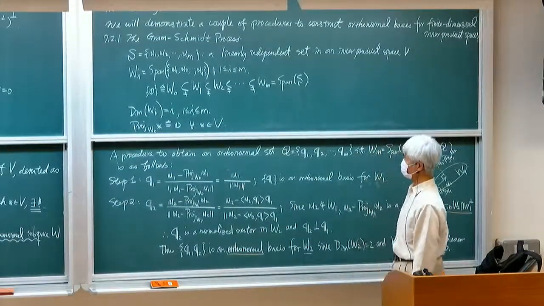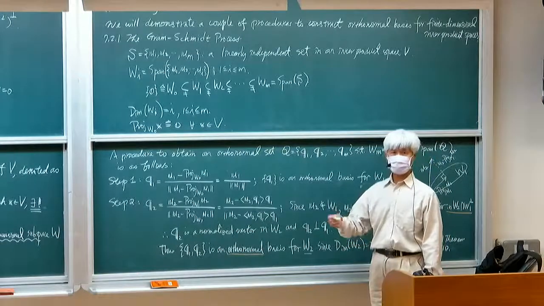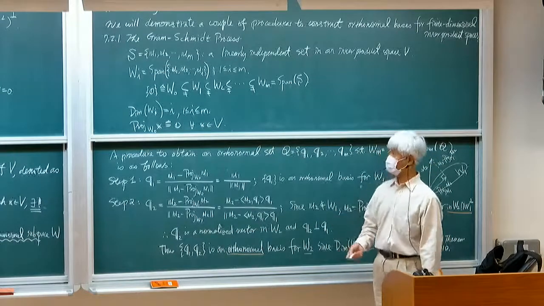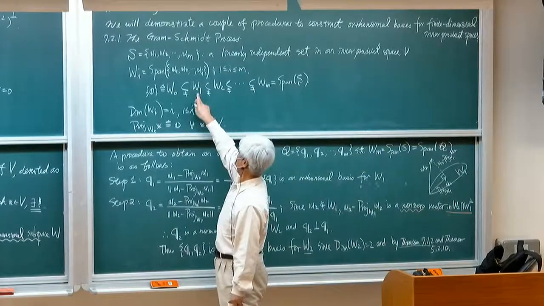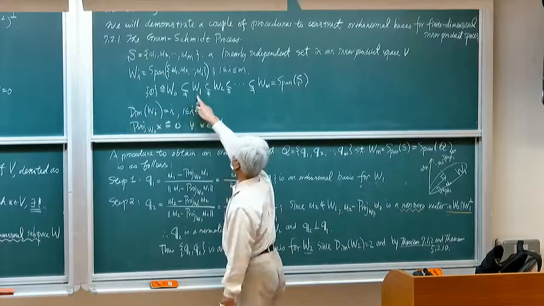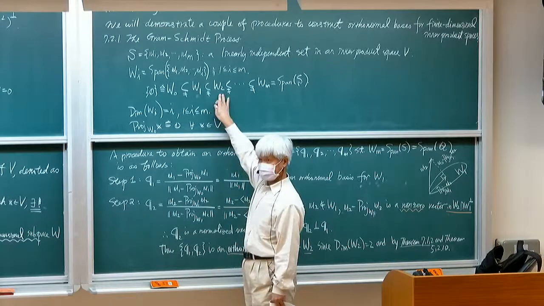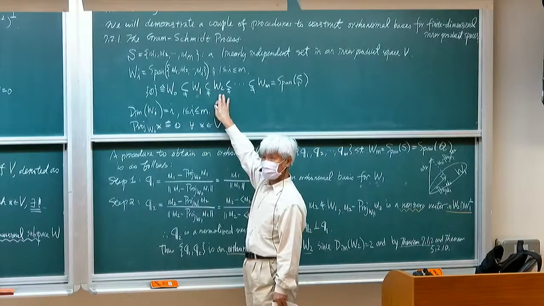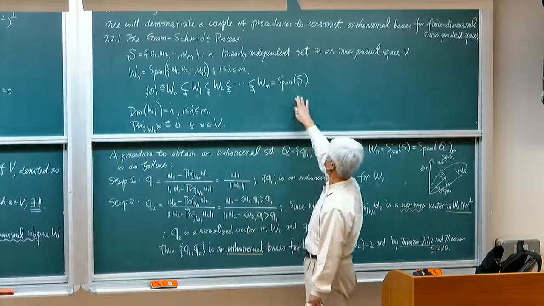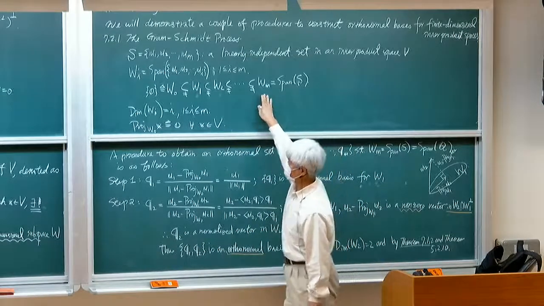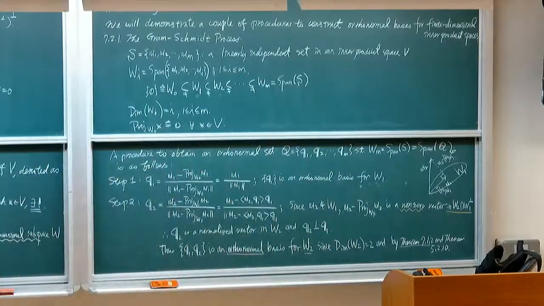So we are one step closer to our goal. We find an orthonormal basis for W1, we find an orthonormal basis for W2, and we keep doing the same procedure further up.